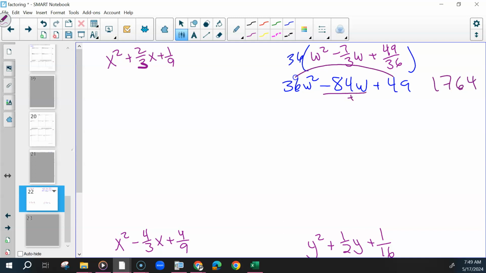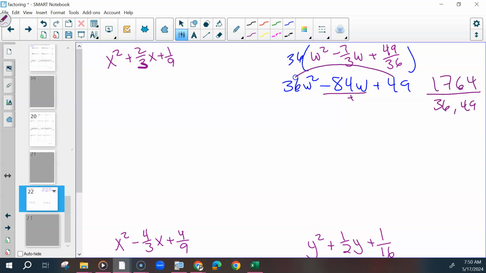And since I know 36 times 49 gave us that, and they would both need to be negative, I'm going to start there. That's negative 85, so it's close. So I know it's going to be between 36 and 49. So I'll try 37 and see if that works.